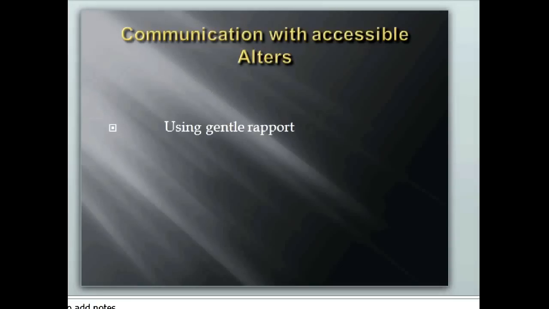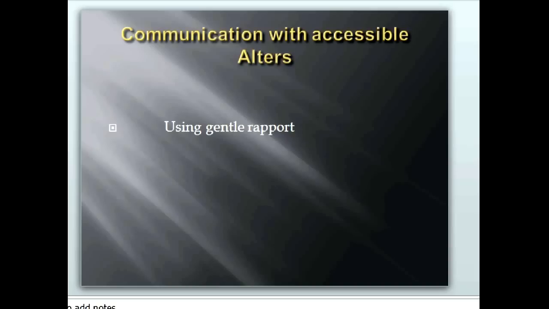Okay, so after that we go to the next stage, which is about communicating with the different accessible alters. Remember here, most of the alters you come across will not be accessible. What I mean by that is that you will only be able to really talk to them by understanding the unconscious system and through regression techniques to get to those submerged, out of awareness alters.